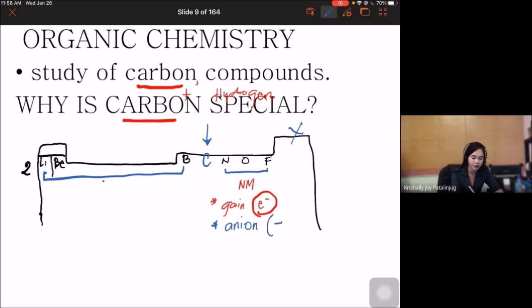Anion, negatively charged. If you recall the ion forms, nitrogen is negative, oxygen is 2 minus, and fluorine is negative also.